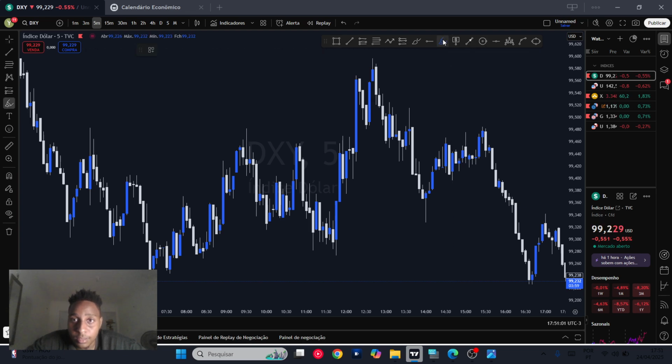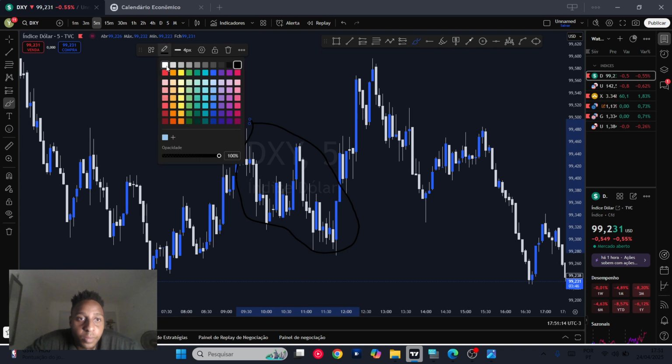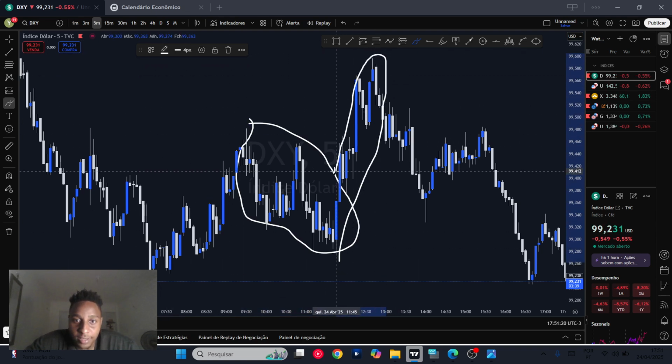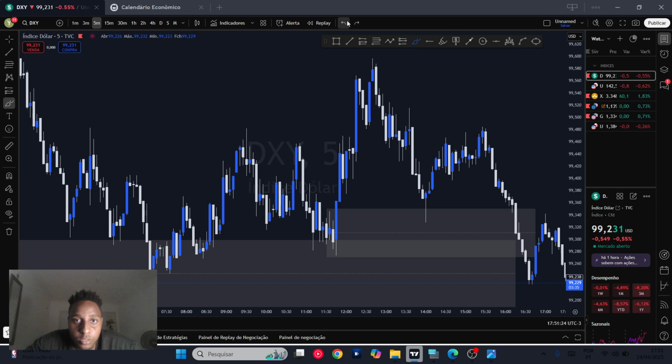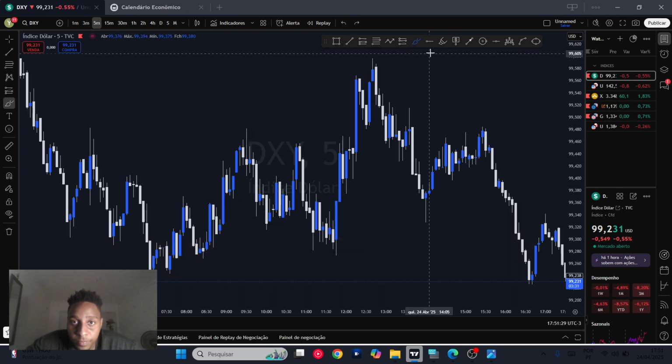Look at this retracement. Expansion move, right? Let's pay attention to the expansion move.